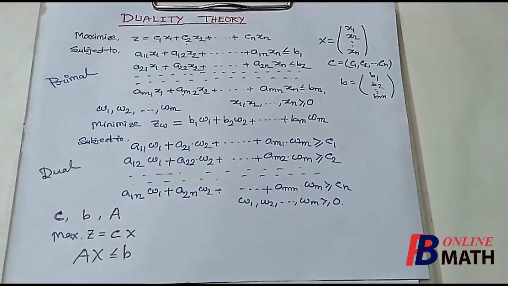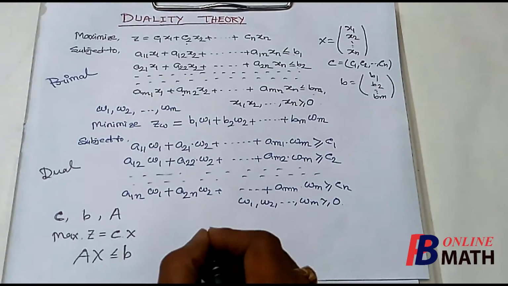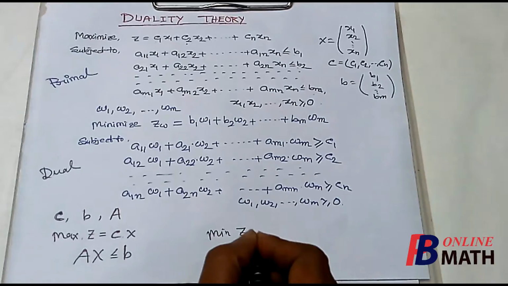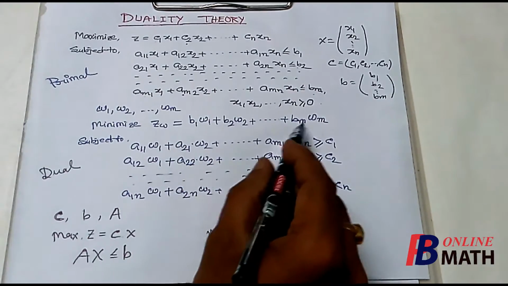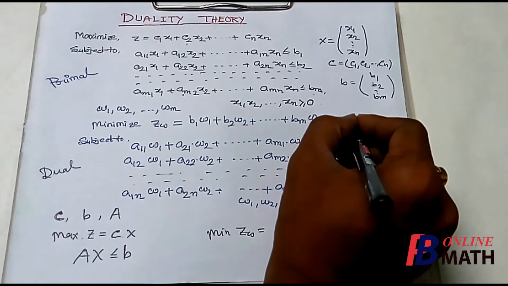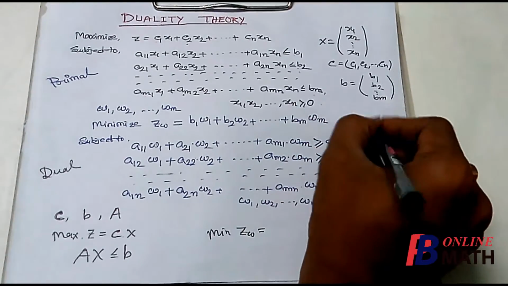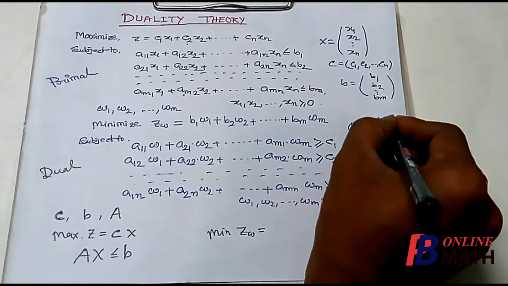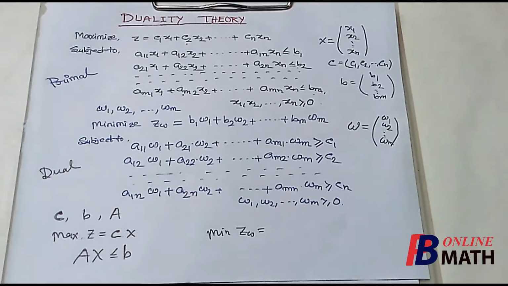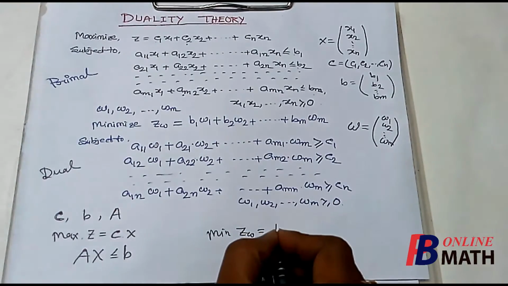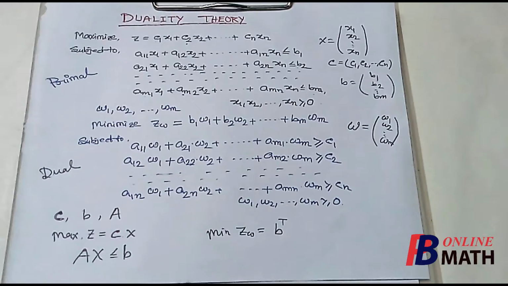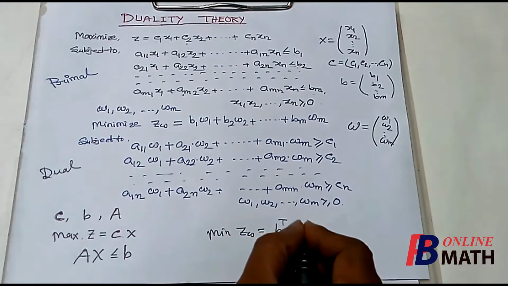Now let us write the dual problem by using these notations. Then we find that the dual problem can be written as minimization of z omega. Now this will be equal to b1 omega 1, b2 omega 2 and bm omega m. So if we denote this omega vector by this column vector omega 1, omega 2 up to omega m, then this equation can be written as transpose of b vector multiplied by the omega vector.